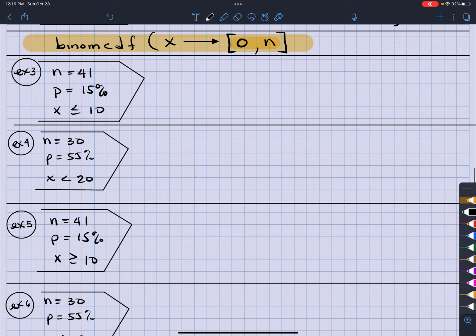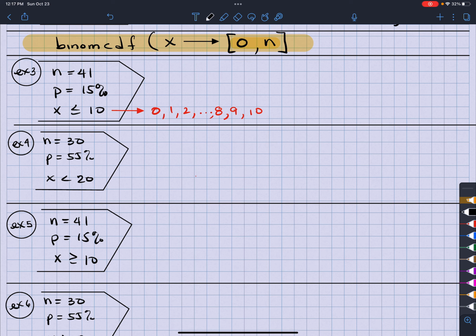All right. Now let's look at CDFs. CDF is always going to give you number of successes from 0 all the way to whatever you decide the number of successes are. So in this case, that's x is less than or equal to 10. That means I want 0 number of successes, 1, 2, 3, 4, 5, 6, 7, 8, 9, and 10, because remember, this includes the 10. So I want all the way from 0 to 10.